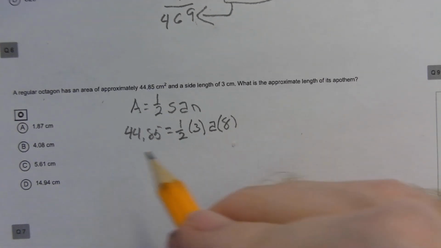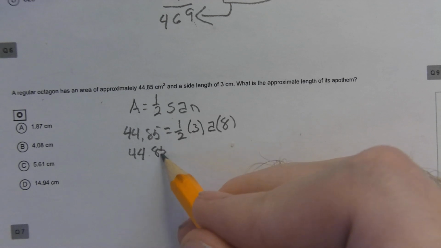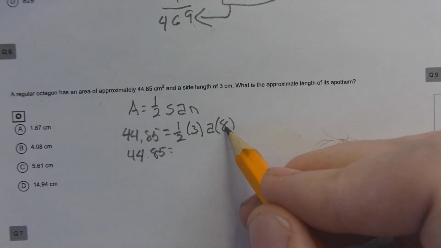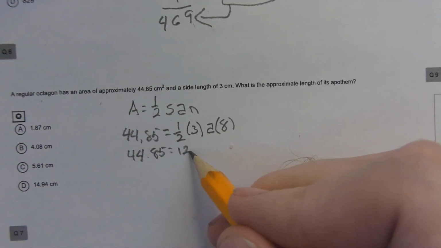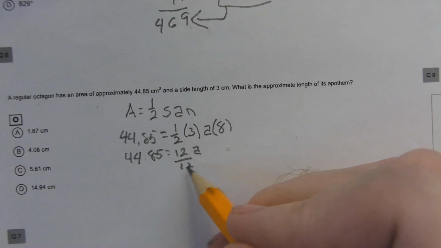Well, we do the multiplication we know. 3 times 8 is 24, and half of that is 12. And we divide by 12.